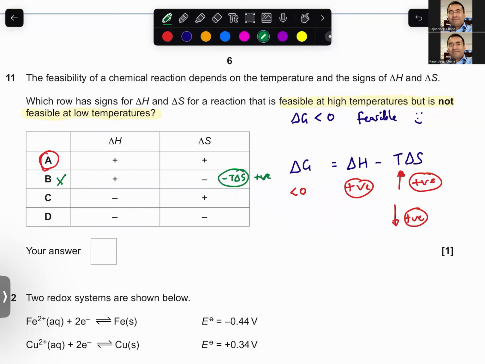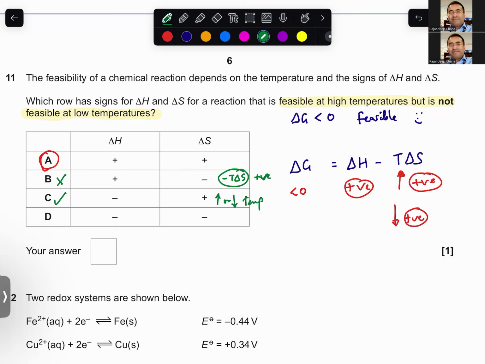No. Delta H, if that's negative, and delta S is positive, negative, and positive, this is always feasible. Yeah, this will make it feasible, at high or low temperature.